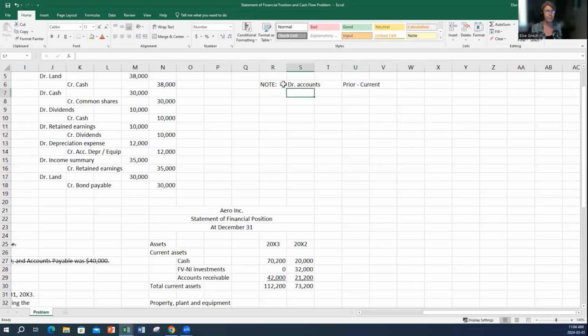So that's the prior year minus the current year. And for all the credit accounts, we're going to use the formula of current minus prior. We never apply the formulas to either cash or retained earnings. Short form RE for retained earnings.